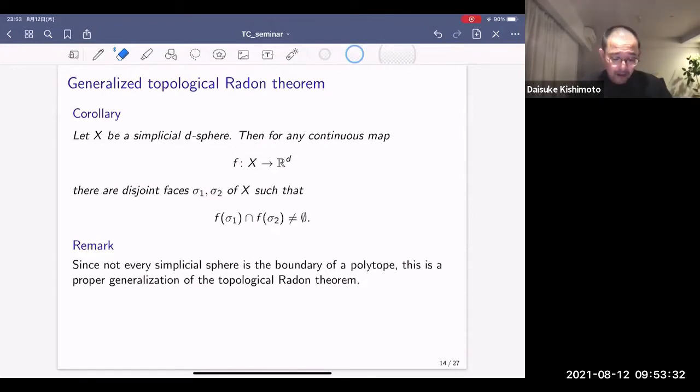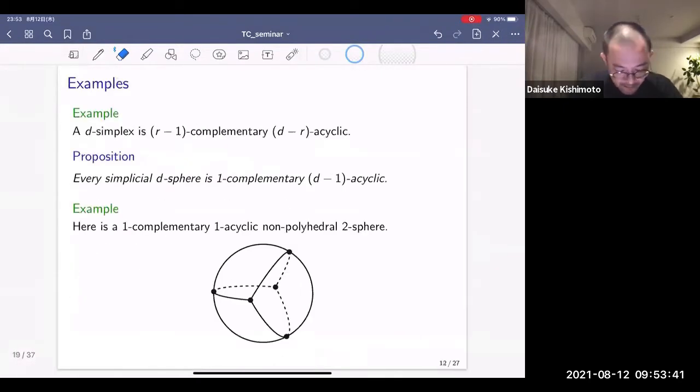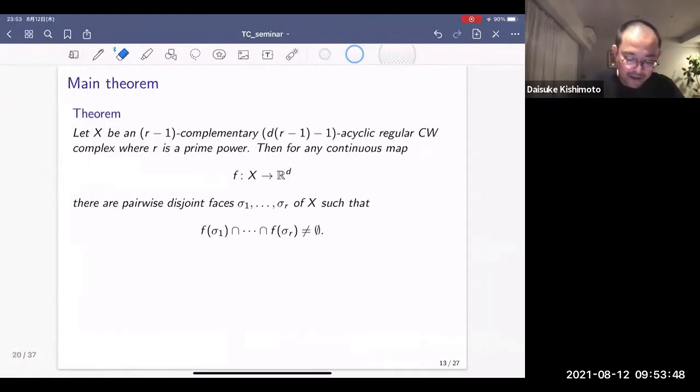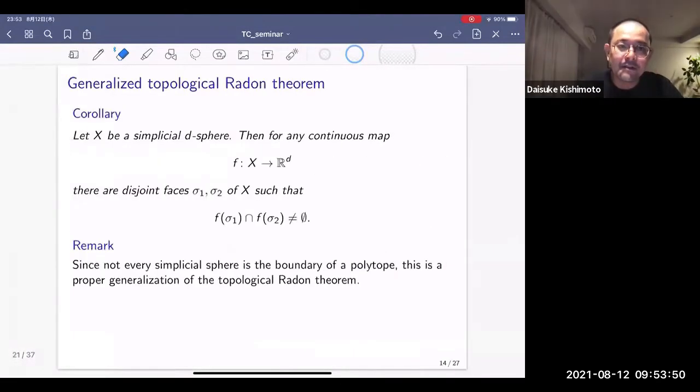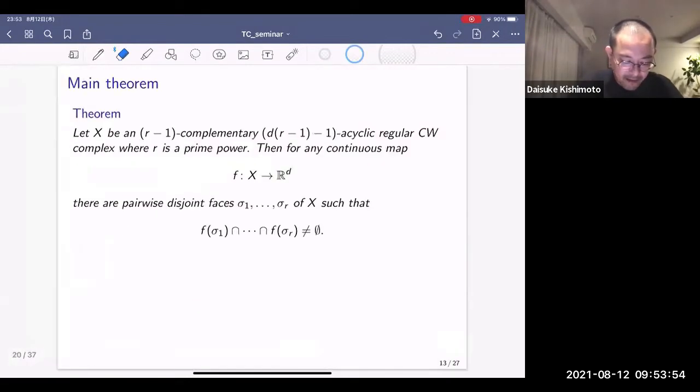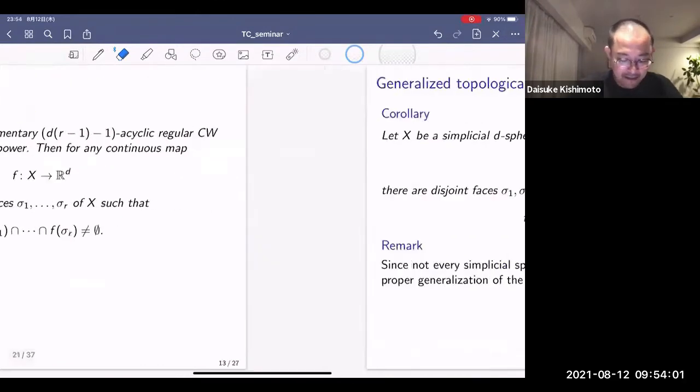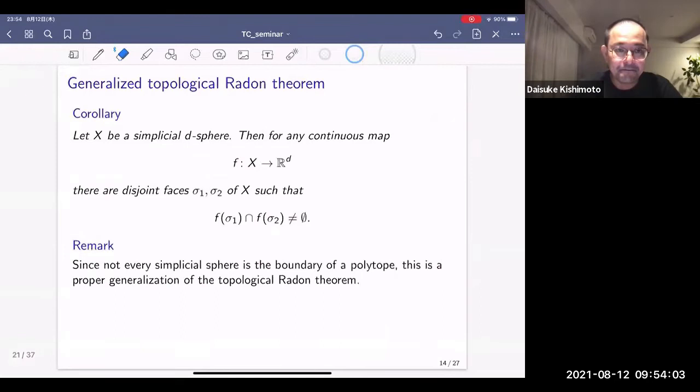And we already know that every simplicial D sphere is one complementary D minus one acyclic. So we can apply our main theorem to a simplicial D sphere to get this corollary.